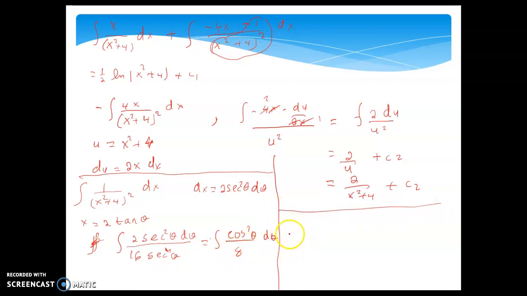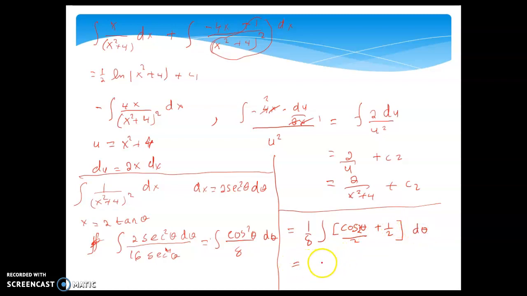When we do the integration, it is equal to 1 over 8 times the integral of cosine squared, which we can express as (cosine 2 theta plus 1)/2 d theta.